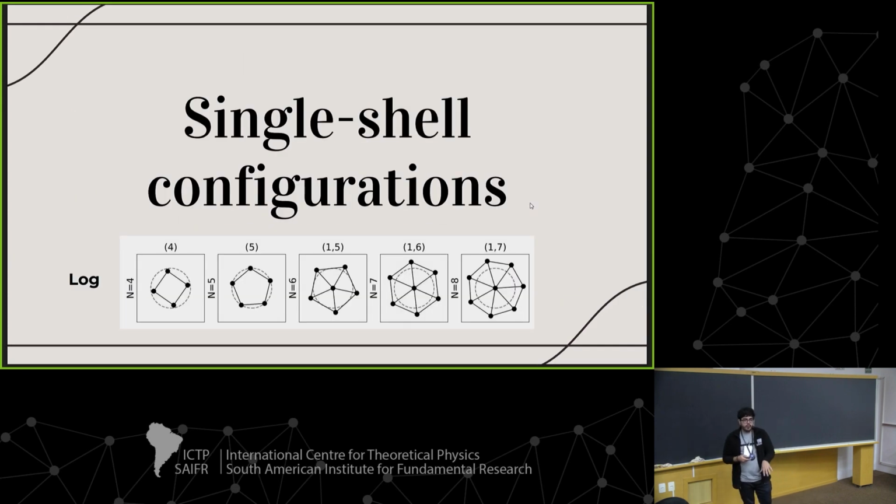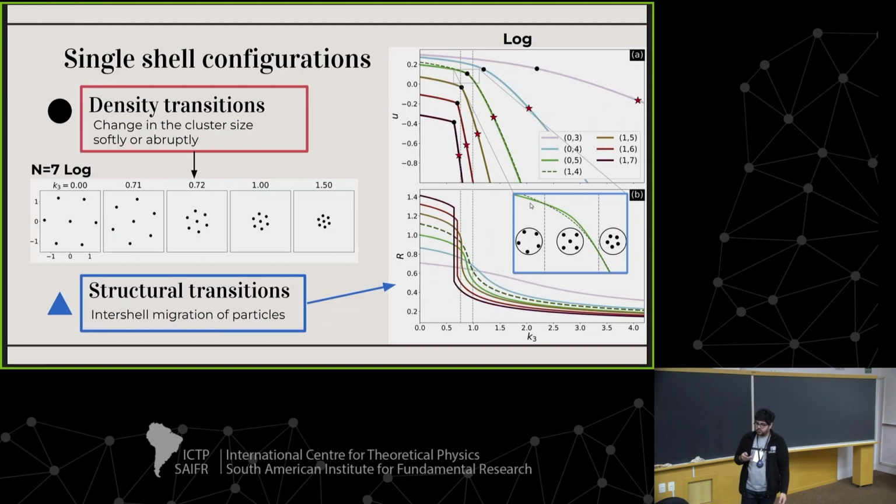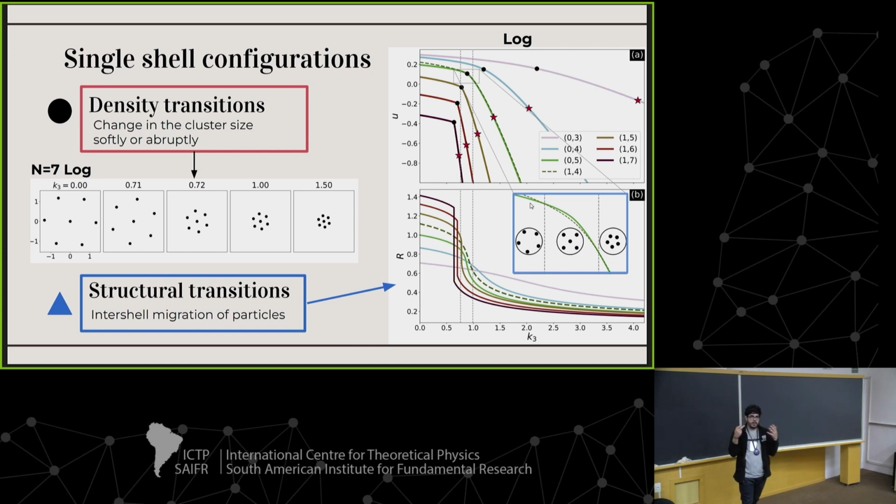For the single shell configuration, so for a small number of particles, we observe these polygons, which is quite similar to the case when we don't have the three-body interaction. But there is some news because we observe a density transition. We are inserting an attractive potential, so we expect the system to compact. And this compaction happens in 2 ways. For a small number of particles, there's a crossover.